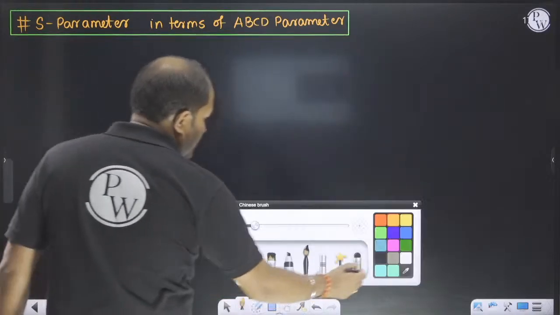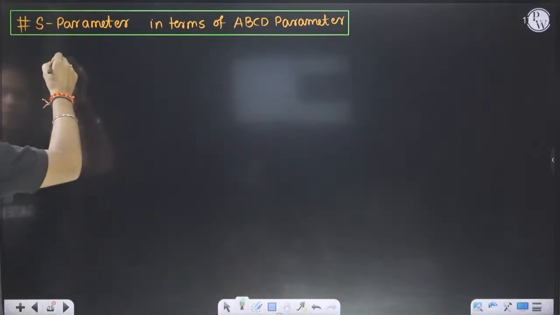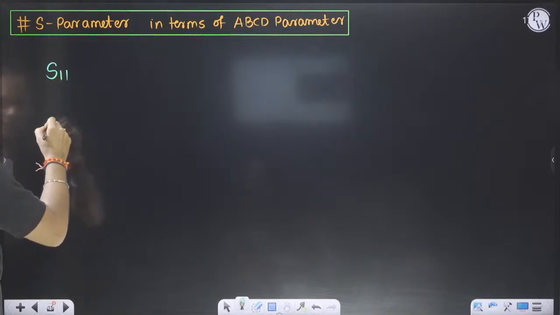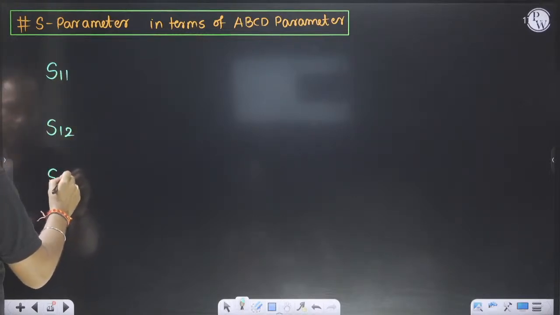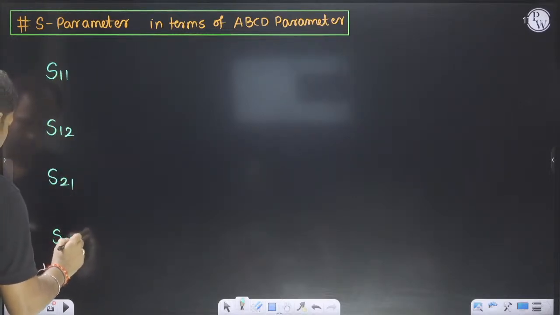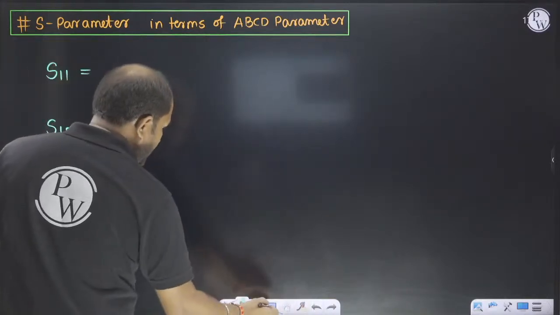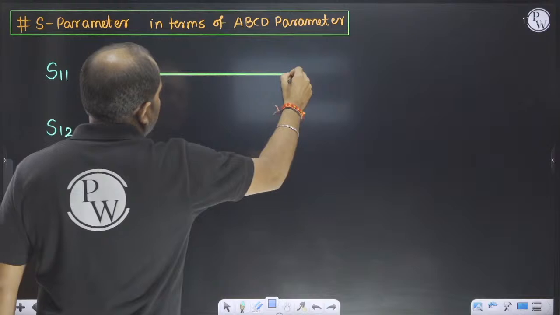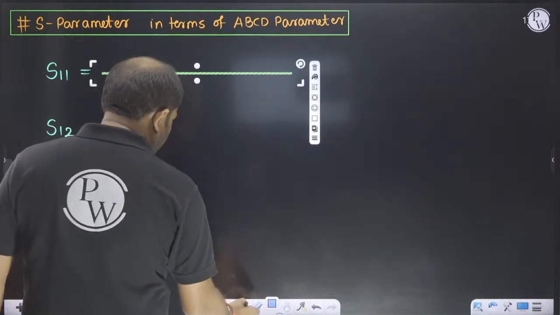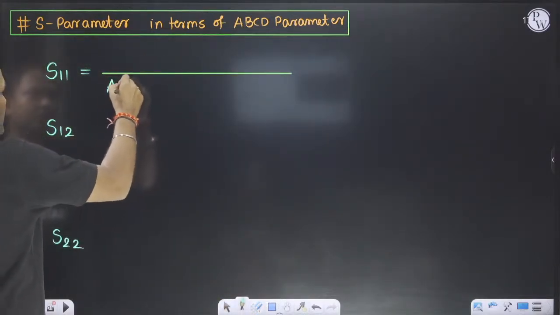What is the equation? You have to remember. First one is S11, second one is S12, third one is S21, fourth one is S22. First of all I will remember the denominator, because the denominator is the same for all cases.